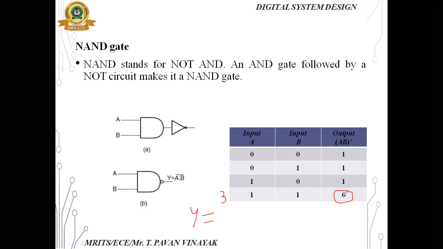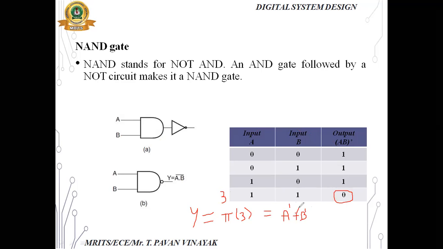Okay. If 0 is considered, we can represent it with pi. So pi of 3, right? So pi of 3 can be written as A bar plus B bar. Okay. So here this is an OR operation.